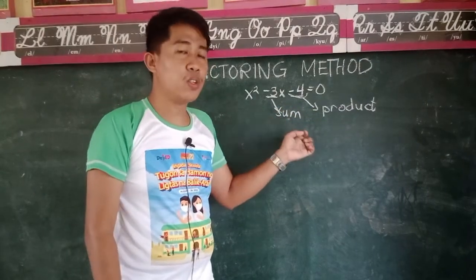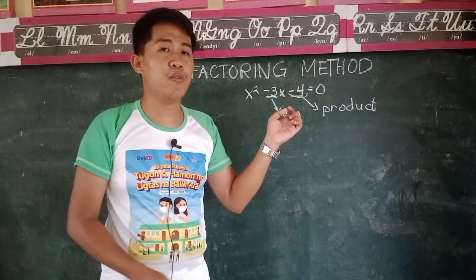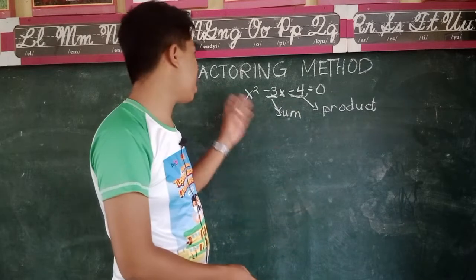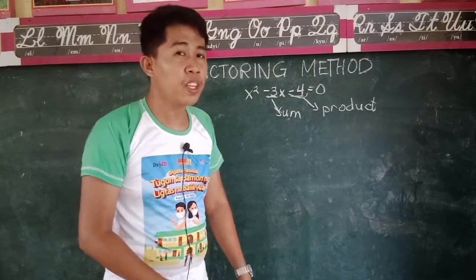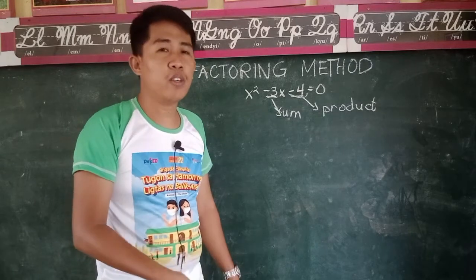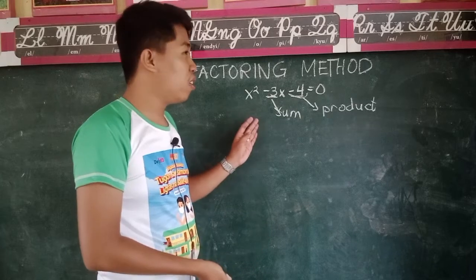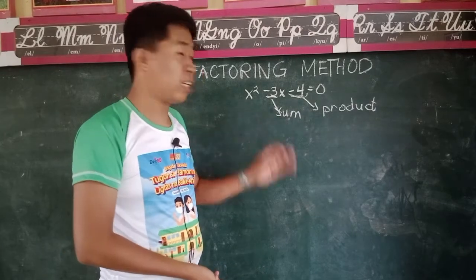Sir, how are we going to use this sum and product concept upon solving for the roots of a quadratic equation using this factoring method? So let's first construct a template of a factored form of a quadratic equation.